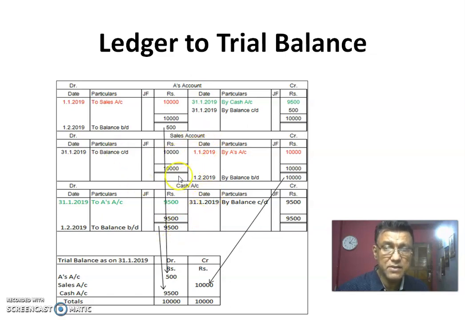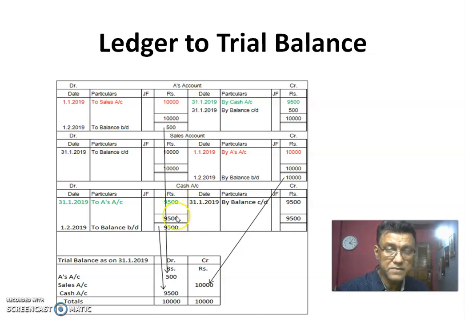In this case, 10,000 rupees is on the heavier side, the credit side. So I have put 10,000 rupees first, and then the same 10,000 rupees I have put on the other side, and the difference is the balance. Similarly, cash, the balance is 9,500 CD and balance BD is 9,500.